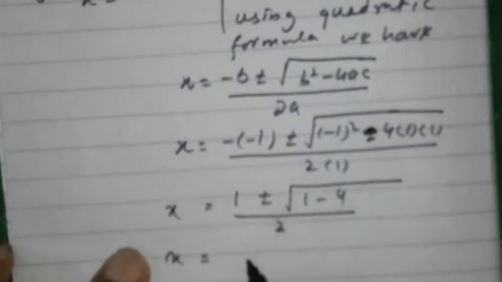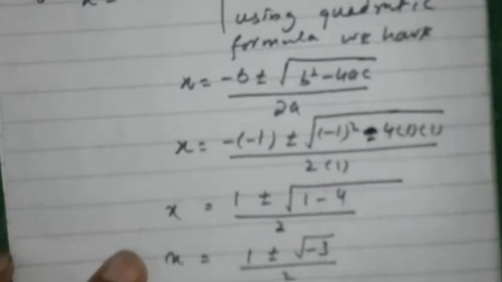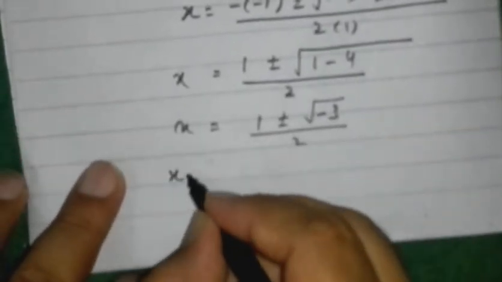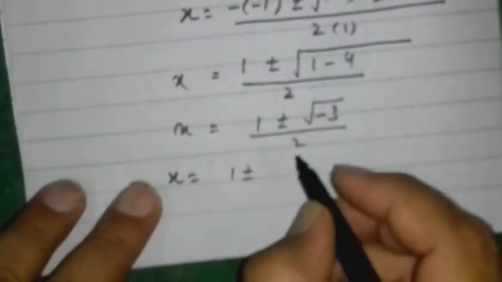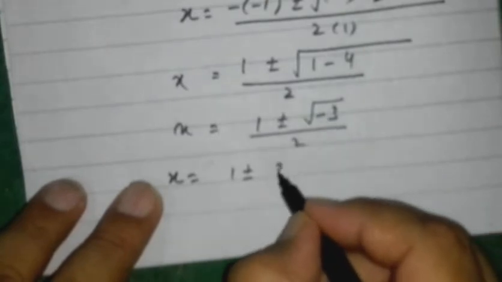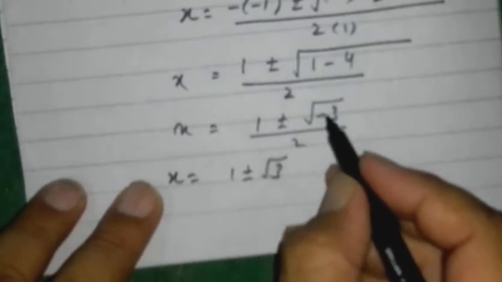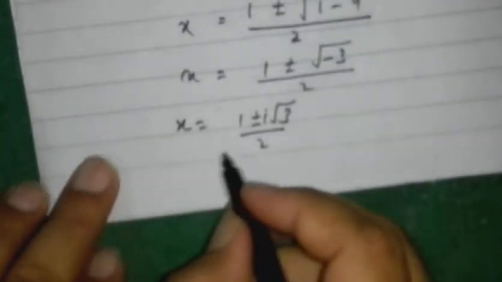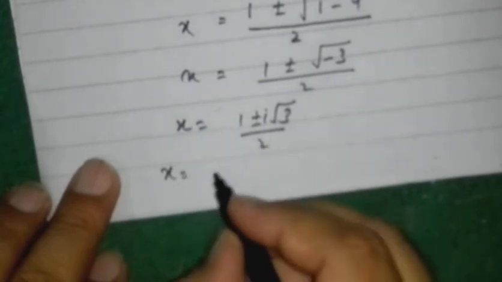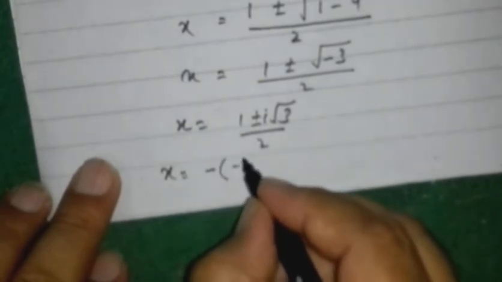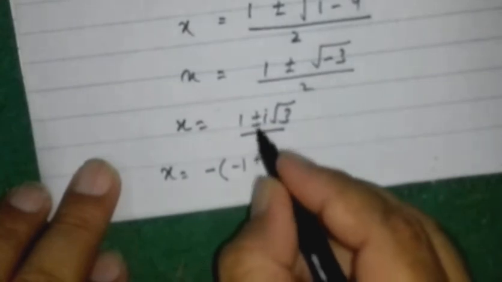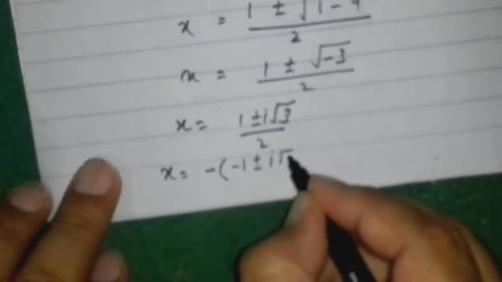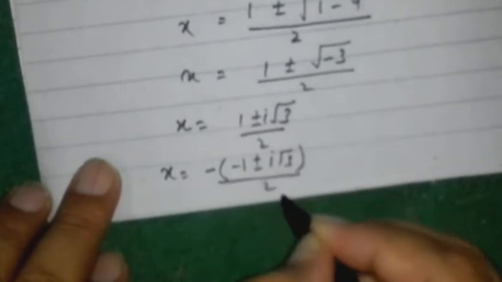Further we can write it as 1 plus minus under the root of 1 minus 4, we get -3, divided by 2. x equals 1 plus minus under root 3, and this -1 under root equals iota, divided by 2. Now take -1 common from here, so it will become -1, and the minus will become plus, and the plus will become again minus, iota under the root 3 divided by 2.